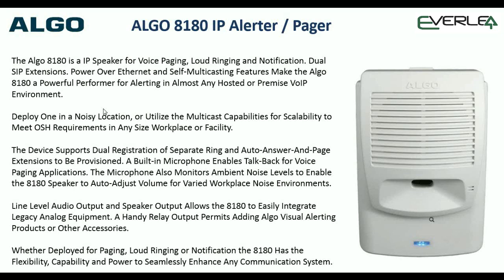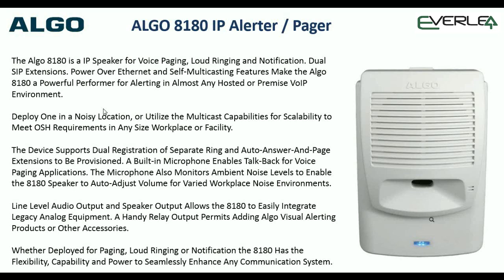So instead of mucking around with ATAs and extra wiring and 240 volt bells and all that extra time they're going to invest and waste in putting together a hodged together system, we can actually replace that loud bell with an 8180.